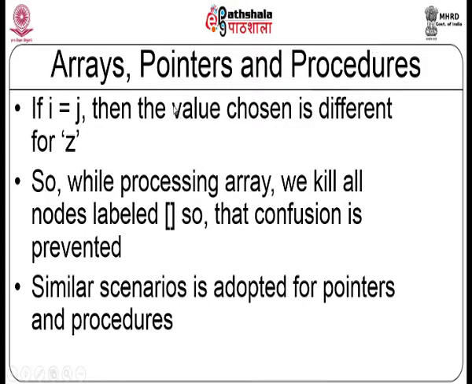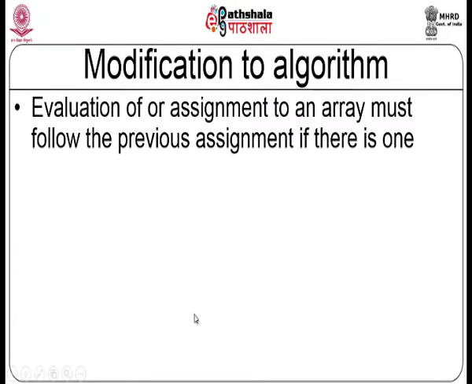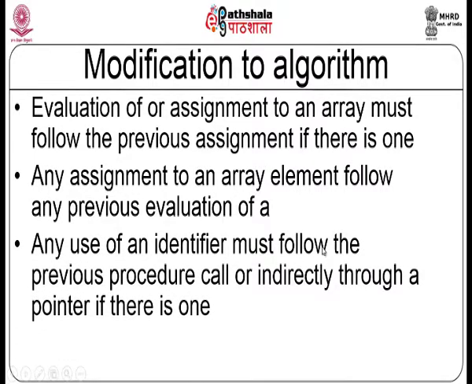Similar scenarios are also adopted for pointers and procedures, and therefore you have to look at some modifications to the DAG construction algorithm, as evaluation of or assignment to an array must follow the previous assignment if there is one. This is one alteration, and any assignment to an array element must follow any previous evaluation of A. Any use of an identifier must follow the previous procedure call or indirect assignment through a pointer if there is one.